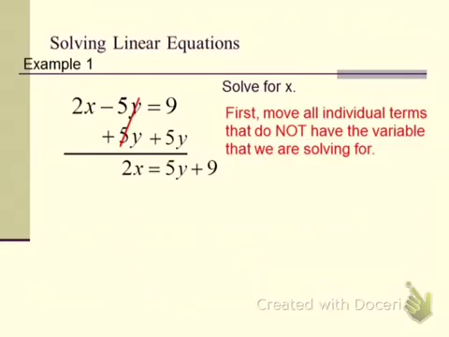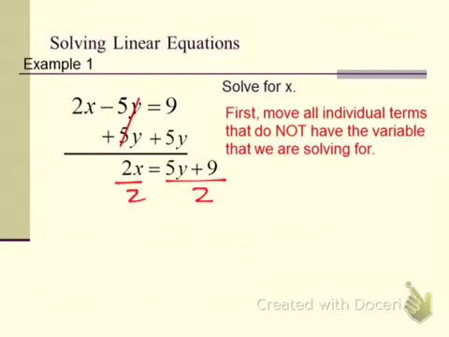What do we have to divide by 2? Everything. Now, there's a couple ways you could show this. You can go through the individual terms and divide every term in the equation by 2, or we could divide this by 2 and divide this whole side by 2. You'll see it both ways.